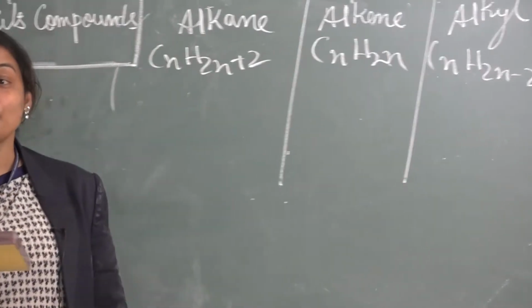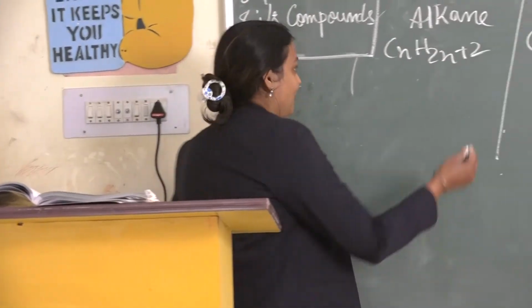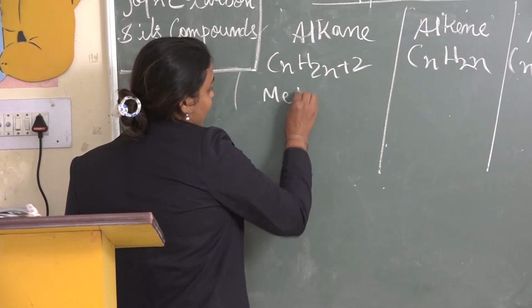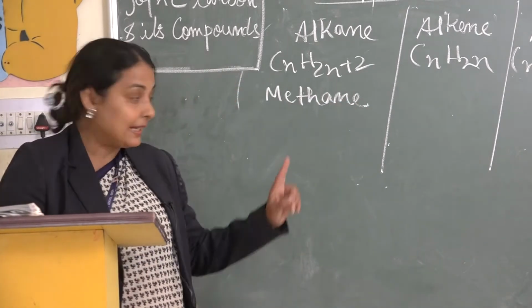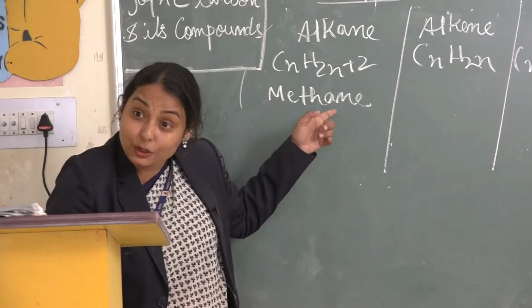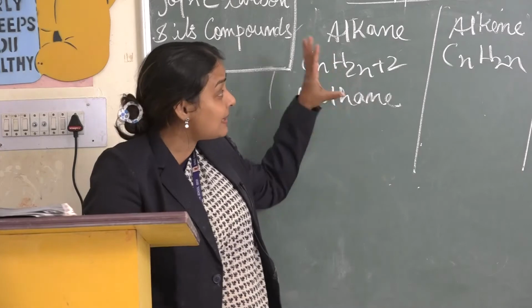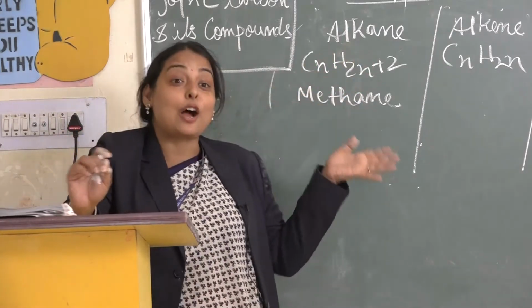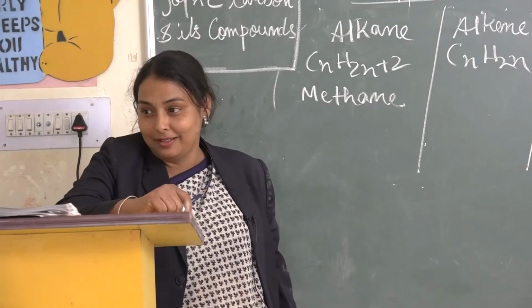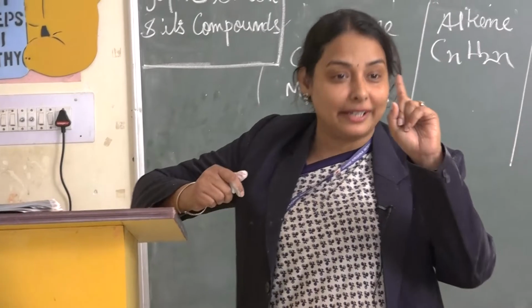Now, how are we going to arrange this series from alkane, alkene and alkyne? For alkane, we will start with methane. This is the basic thing of this chapter, how we form the compounds. When we form compounds, we also have to give names to the compounds.